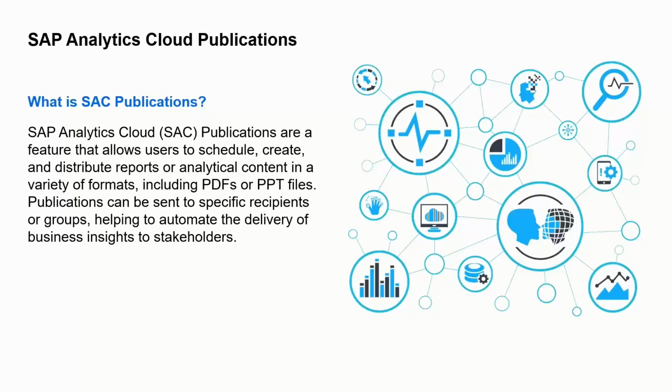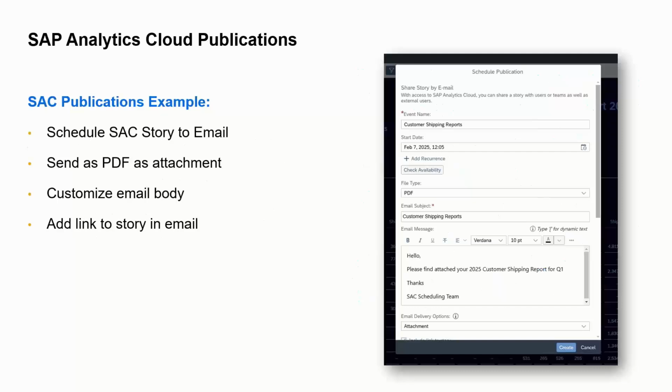So if you've built a story, you can send that out to an end user. An example of an SAC publication would be a story being sent via email, either as a PDF in the attachment, maybe I've customized the email body, or there's a link in the story where the person clicks on that link and then goes directly to the story. So that's a classic example of how SAC publications work.